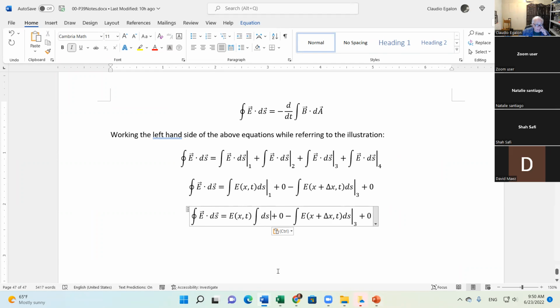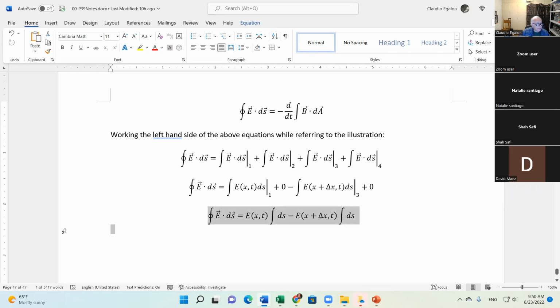The integral of ds is going to be L. We have the same thing for this one here, and we do not need to specify the path either. We can eliminate the 0.